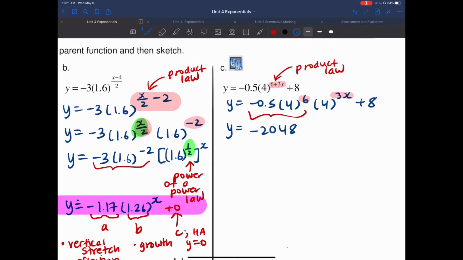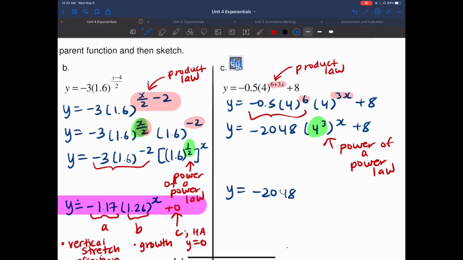Meanwhile, I have another power of a power law going on here, and I'm going to highlight that in green just to indicate that I used my power of a power law. And so when I sum that up, I have y equals negative 2048 times 4 to the exponent 3, which is equal to 64 to the exponent x plus 8.